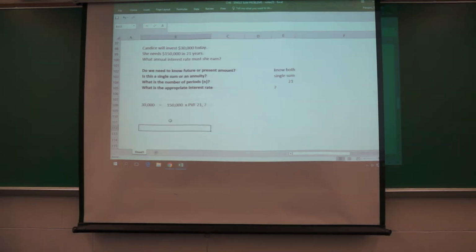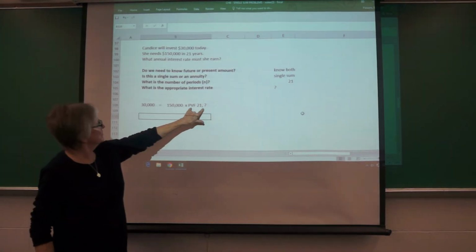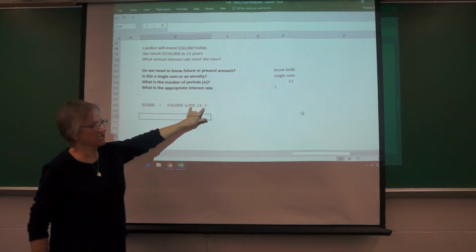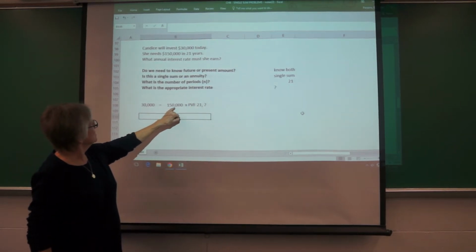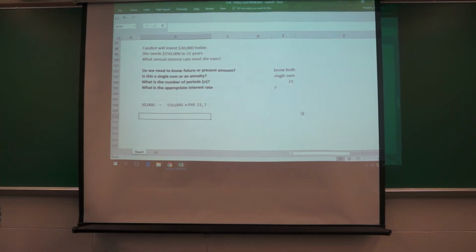And then you work it like you would any math. You want to find out this factor, just lump that all together, you could call that X if you wanted. So you're going to take the 30,000 divided by the 150,000, and that will give you that factor. Okay, so let's do that.